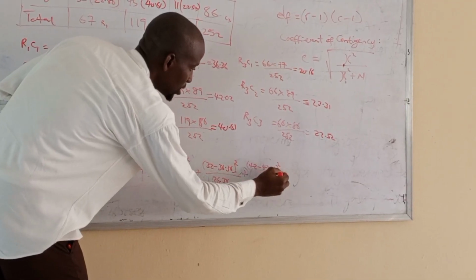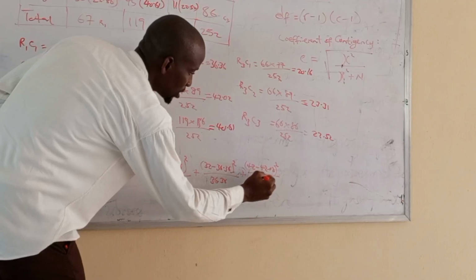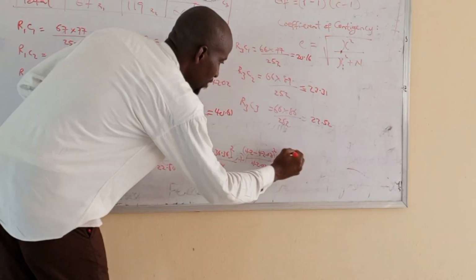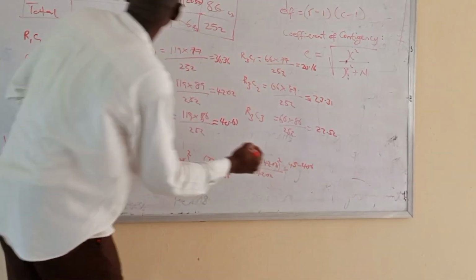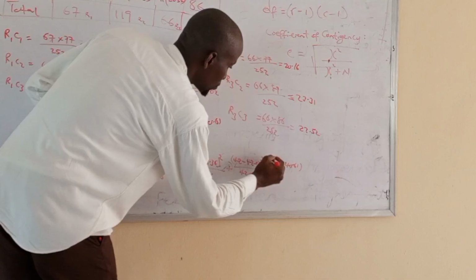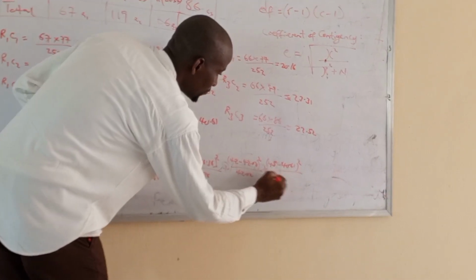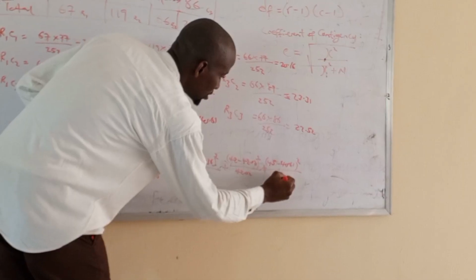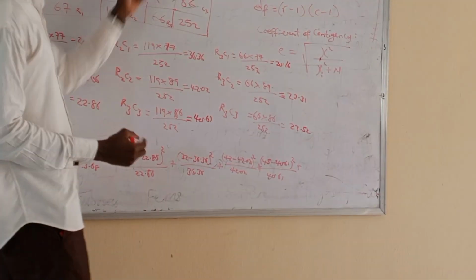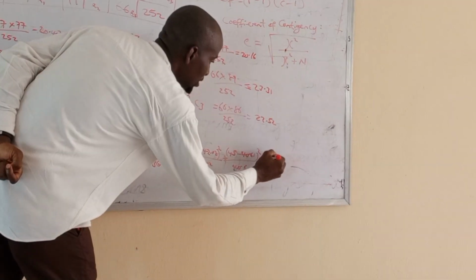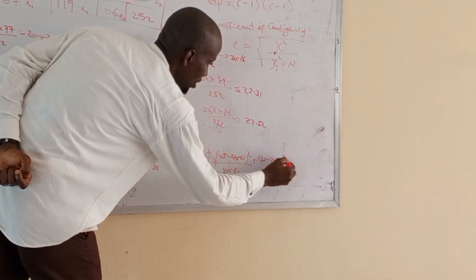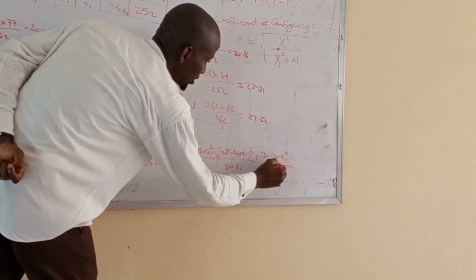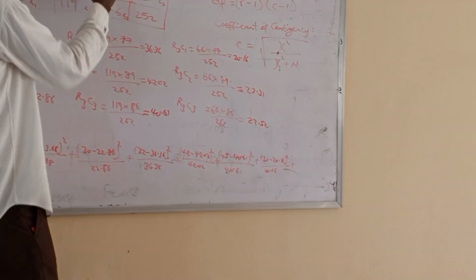42.02 squared over 42.02. The sixth one, 45 minus 40.61. Then you square it, divided by 40.61. The seventh one, 30 minus 20.16 squared, 20.16.